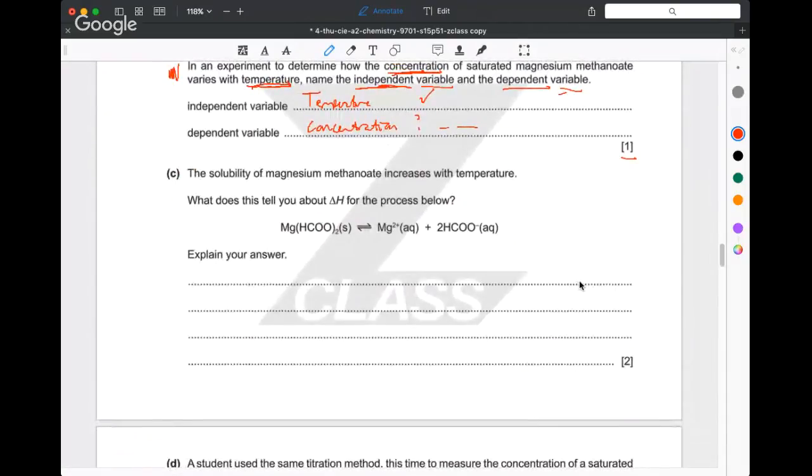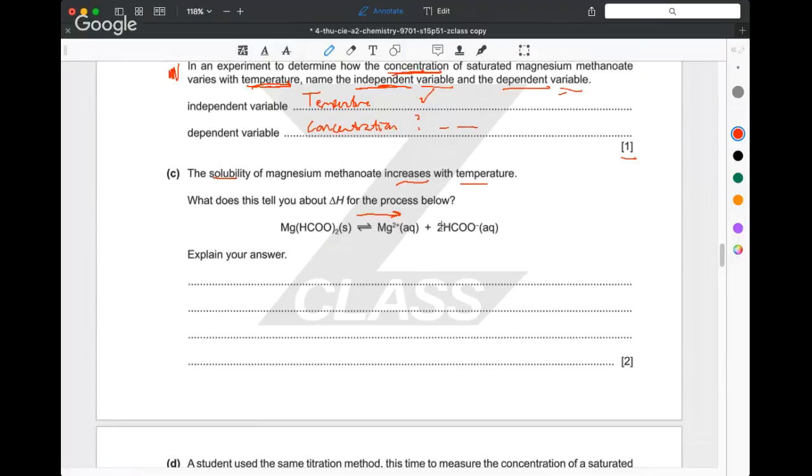Now, when they do this experiment, what happens is that the solubility or the concentration increases with temperature. And they've given us this little equilibrium here. Now, if the solubility increases with temperature, that must mean that this equilibrium is then moving toward the products, because the solubility increases with temperature.